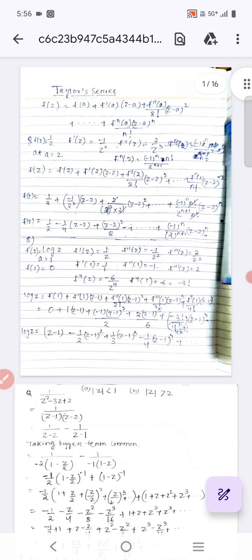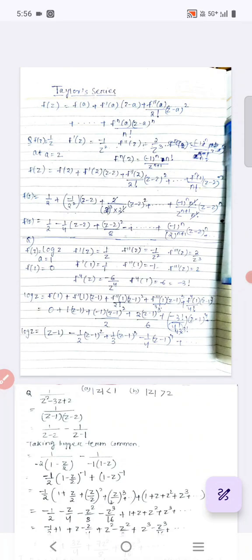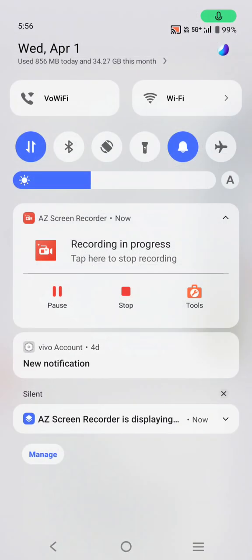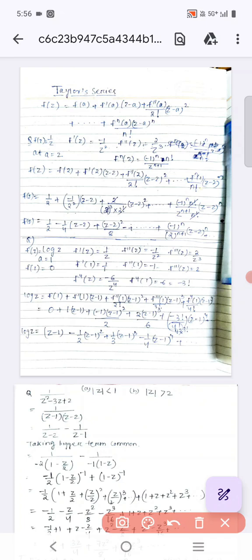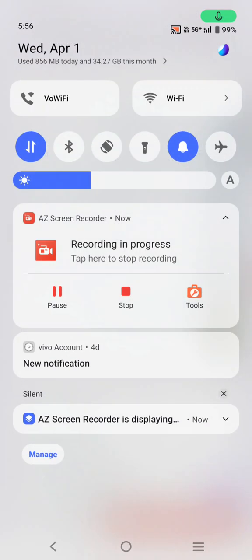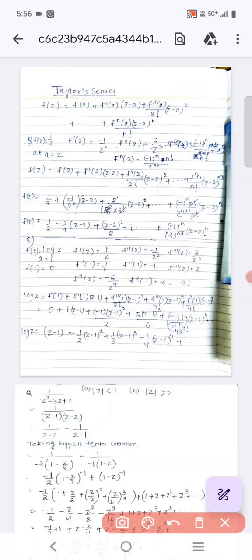By putting the derivative formula, d by dz of z to the power n equal to n z to the power n minus 1, here n is minus 1, so it will be minus 1 by z to the power minus 2. So the first derivative of f will be minus 1 by z square.